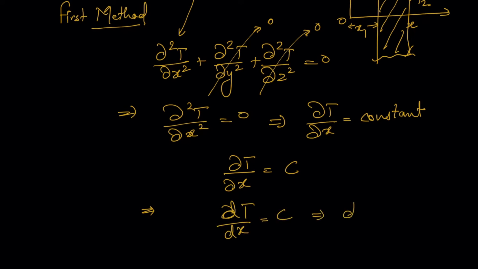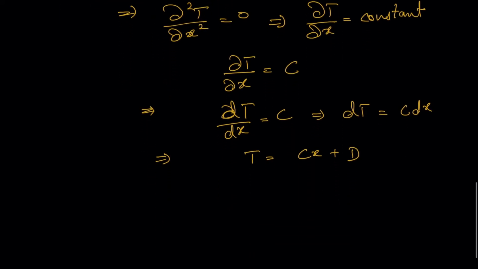This implies dT equals c into dx, and if you integrate, it will be T equals cx plus some constant d. Now here there are two constants. You need to find out the values of the two constants, c and d.